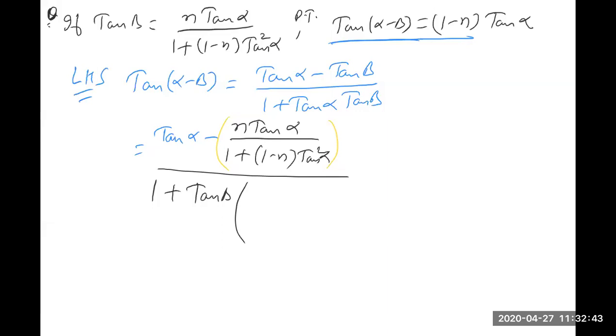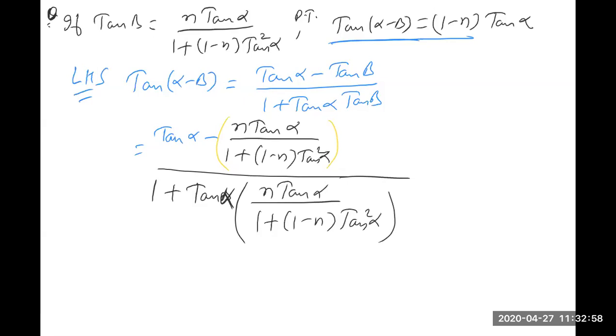Tan beta is how much? n tan alpha upon 1 plus (1 minus n) tan square alpha. Just simplify this. Take LCM, simplify, the answer will come. This is a very simple problem and most of you have done it very nicely, although it was not so simple as you made it.